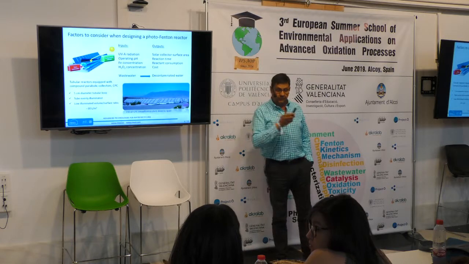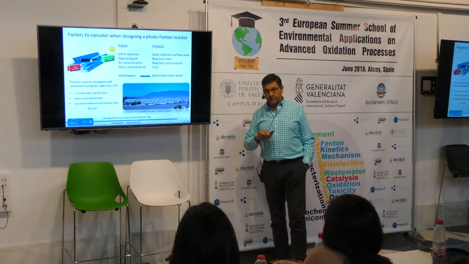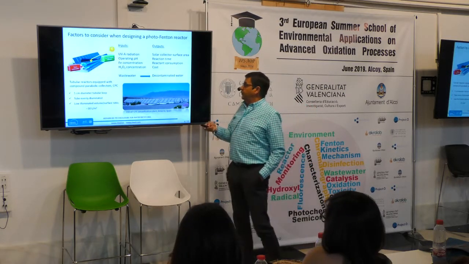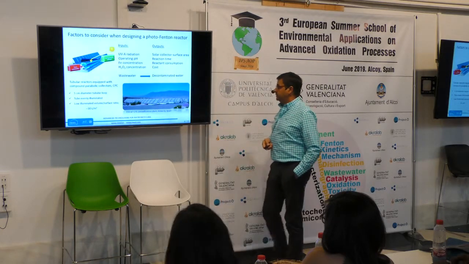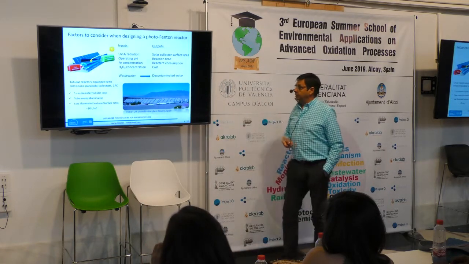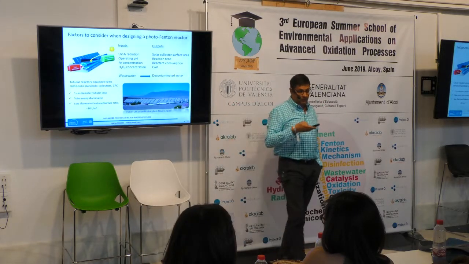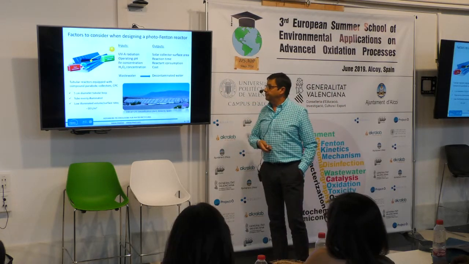It's not the same to work at acidic or neutral pH. In this case, we will speak about neutral pH. We need to know the reactant concentration, iron and H2O2 concentration, and of course, the wastewater to be treated. And what is the objective of this treatment? That is the decontamination of water.